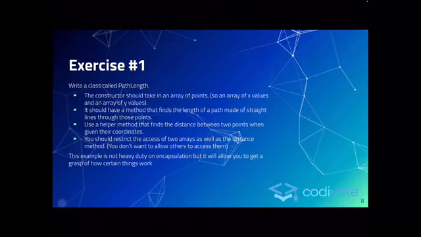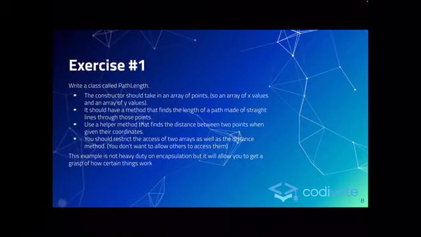Okay, so your exercise 1 is to write a class called PathLength. The constructor should take an array of points, and by points, we mean x and y values. It should also have a method to find the length of a path made by a straight line through those points.